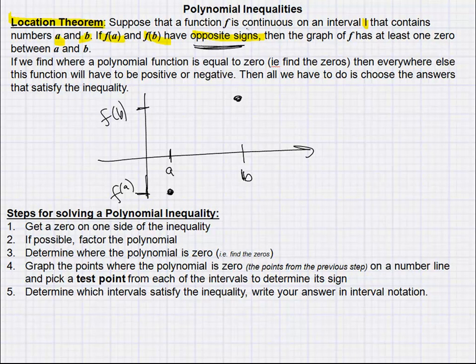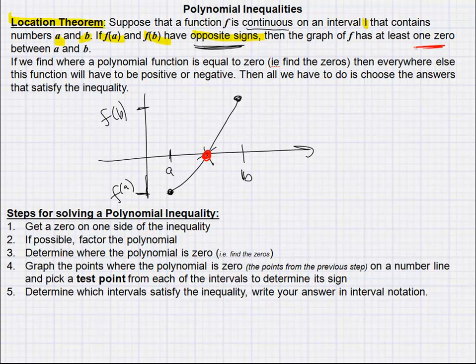The other key is that my function is continuous, which means it's all one solid piece between them. Then my graph has to cross the x-axis at least once. So this point right here would be my x-intercept, which means it's a zero. So that's really what this location theorem says.